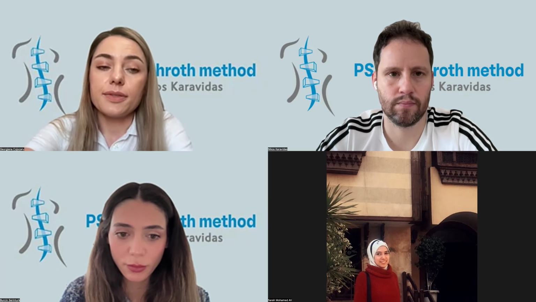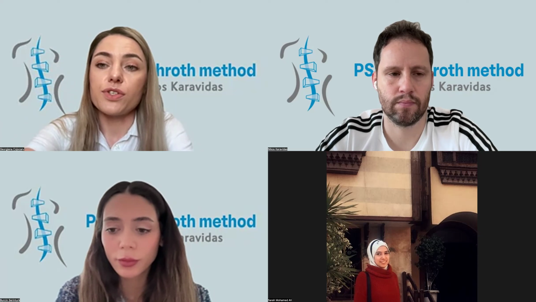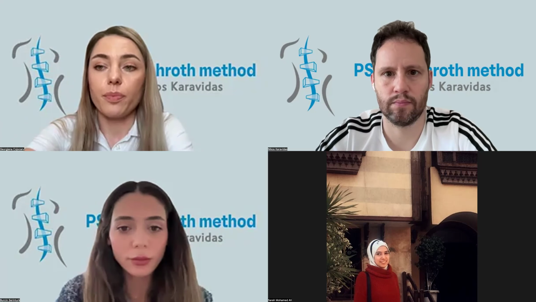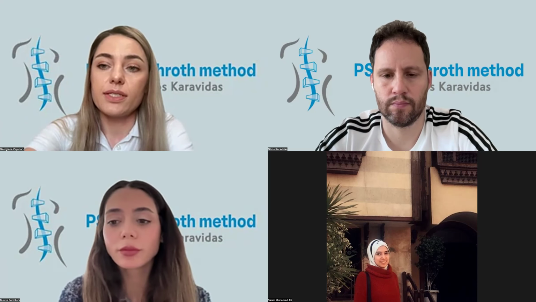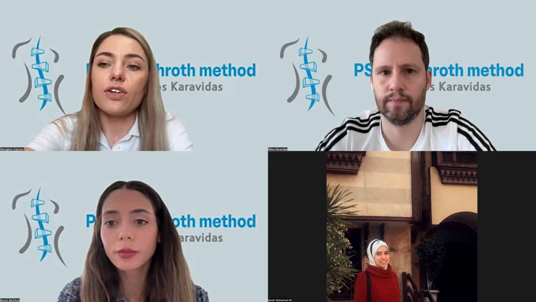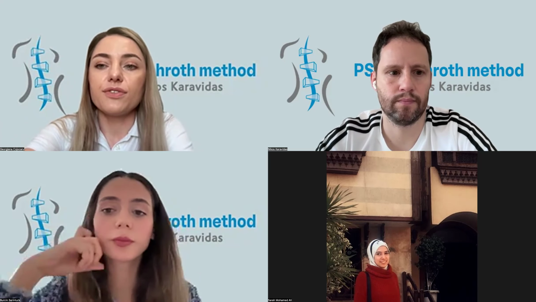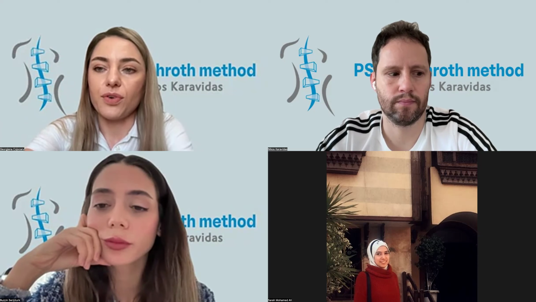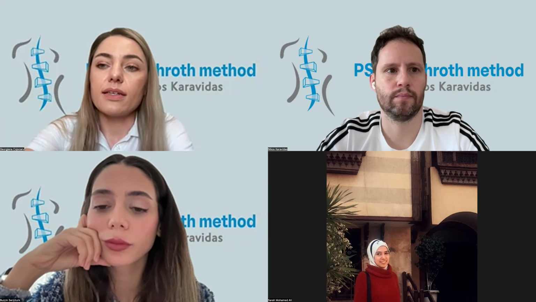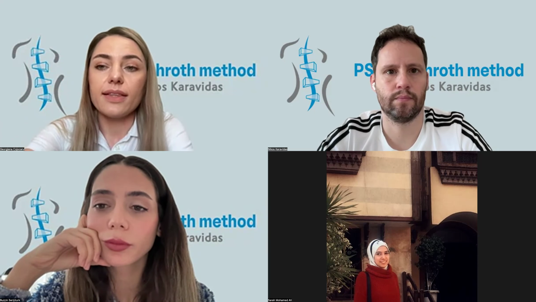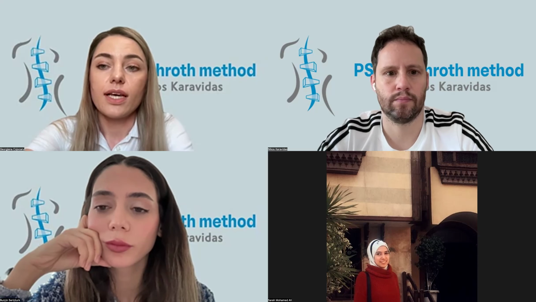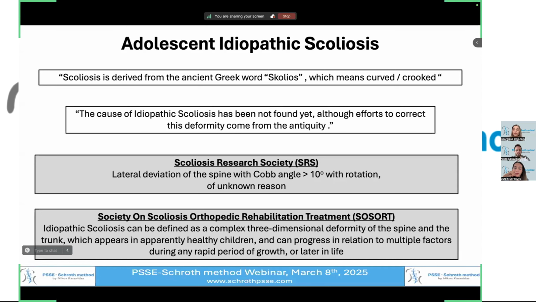The second definition is from the Society on Scoliosis Orthopedic and Rehabilitation Treatment, and defines the scoliosis as a complex 3D deformity of the spine and trunk that appears in healthy children and can progress in relation with multiple factors during rapid growth periods or later in life.